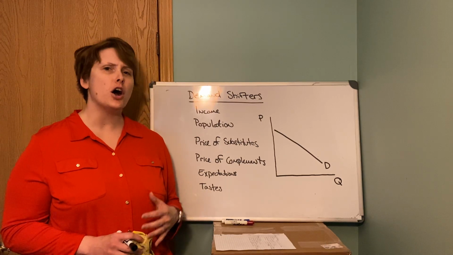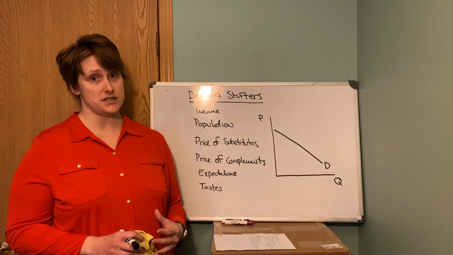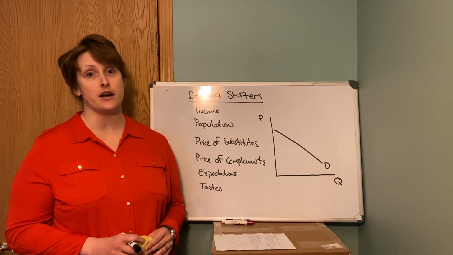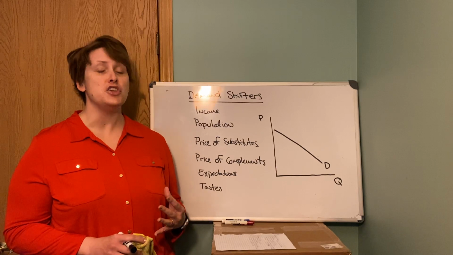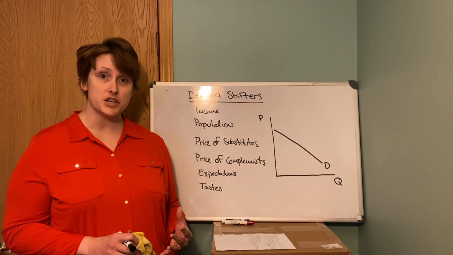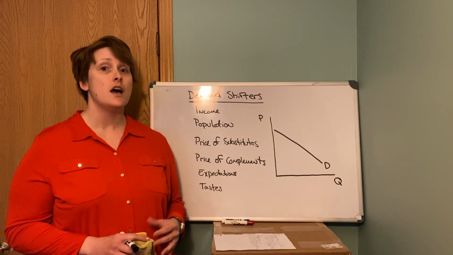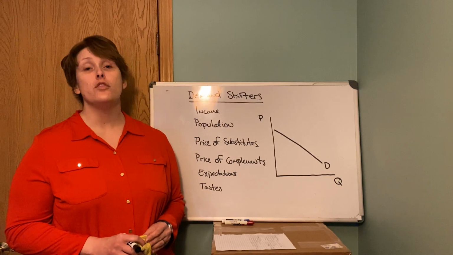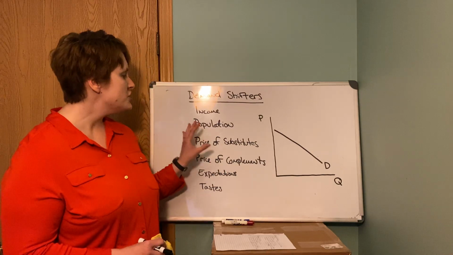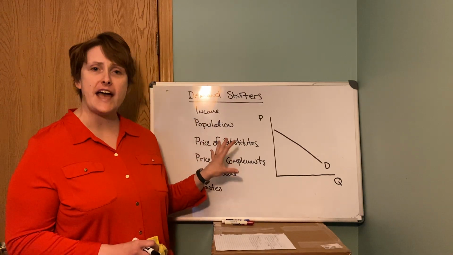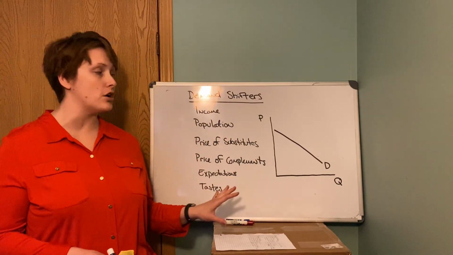Inferior goods are goods that we actually decrease our consumption as we get wealthier. So things like ramen noodles, used clothing, used cars, secondhand items, payday lending, those would all be good examples of inferior goods. So let's take a look at how these factors can actually shift our curves.